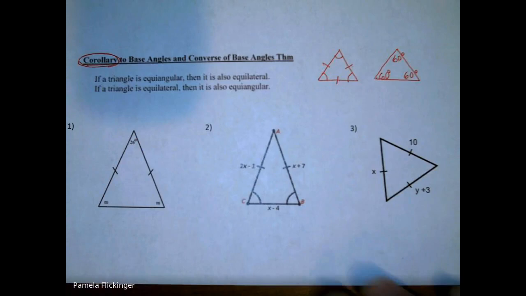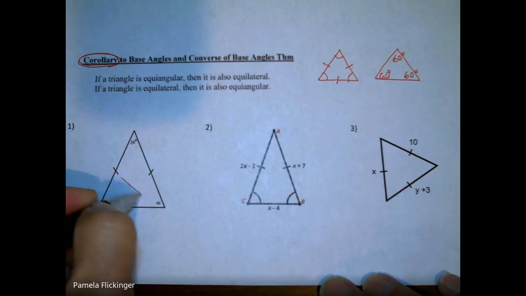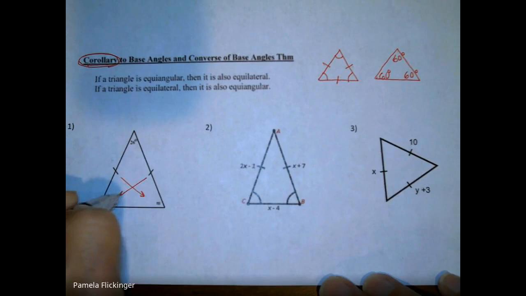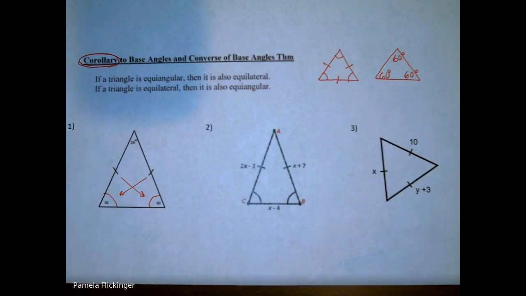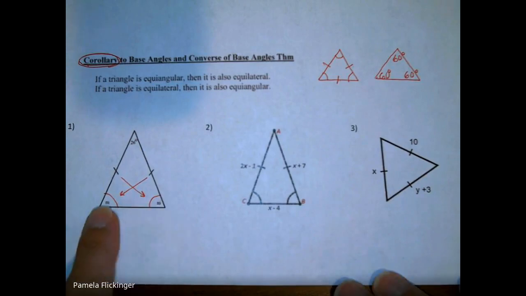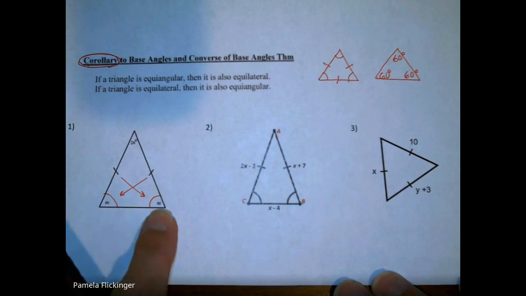The first one, when you look at this problem, you should notice right away we're working with an isosceles triangle. So across from those sides, these are the two angles that will be the same. Notice that's why they're both marked with M. In a problem you get today, if only one of the angles is marked with a variable, you can put that variable in the other angle.